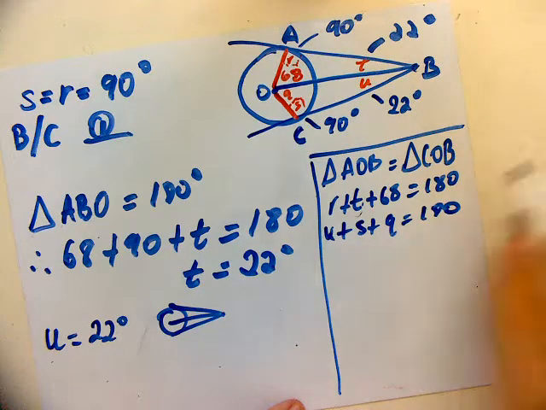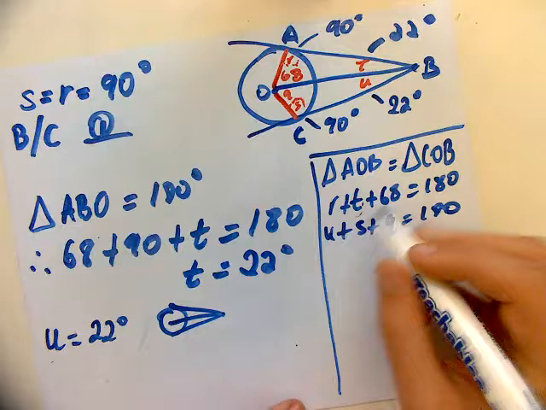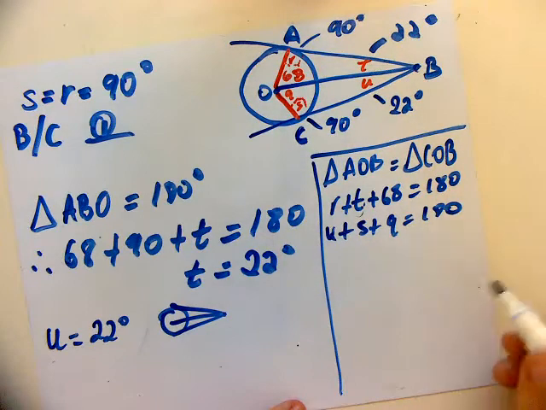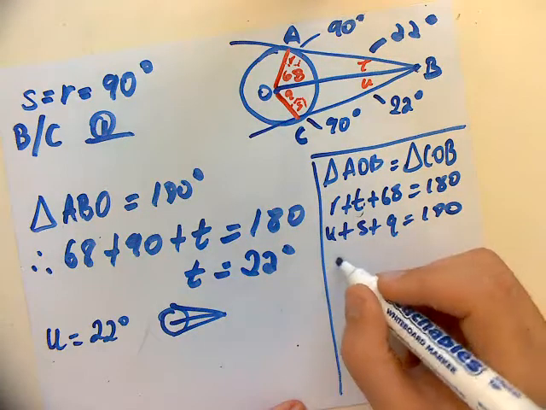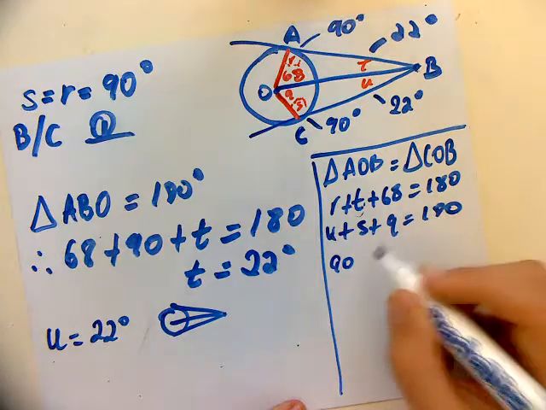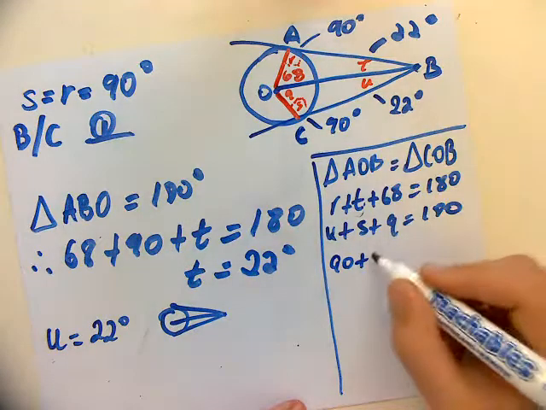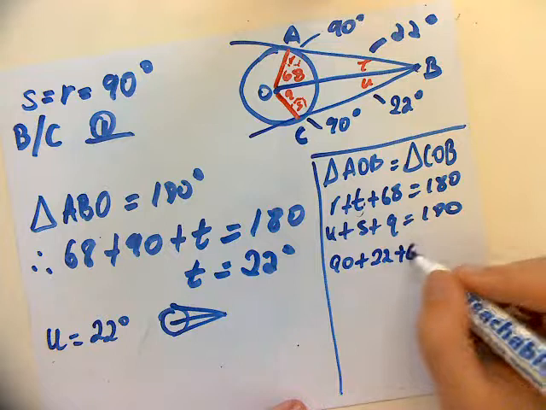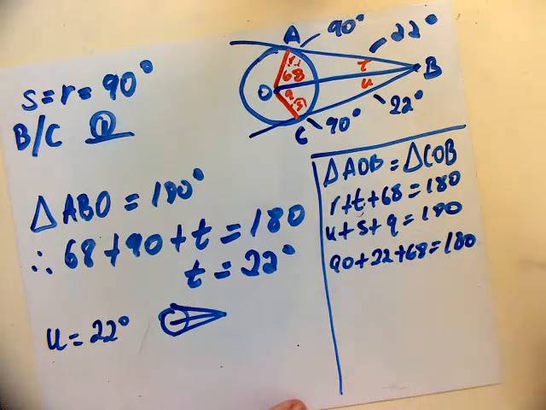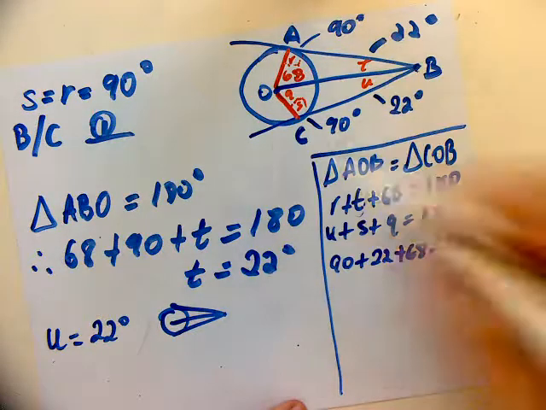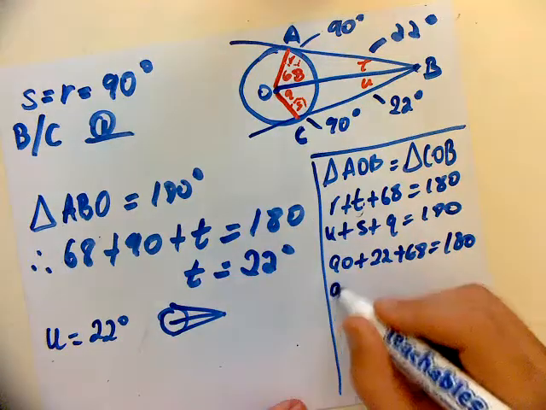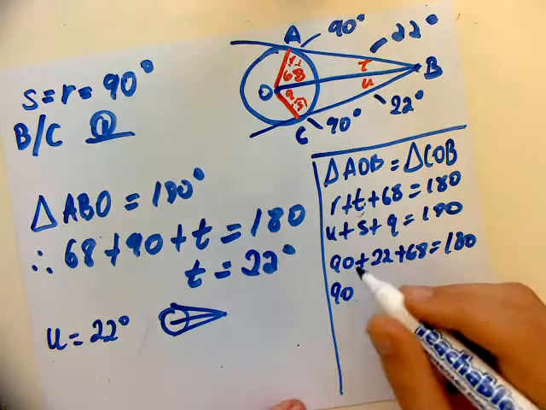Now let's substitute in the things we know for sure, that we've proved already over here. So we know that R is going to equal 90 degrees, plus T is going to equal 22 degrees, plus 68, which we already know, is going to be 180 degrees. Now let's use what we know here already as well. We know that S is going to be 90 degrees.